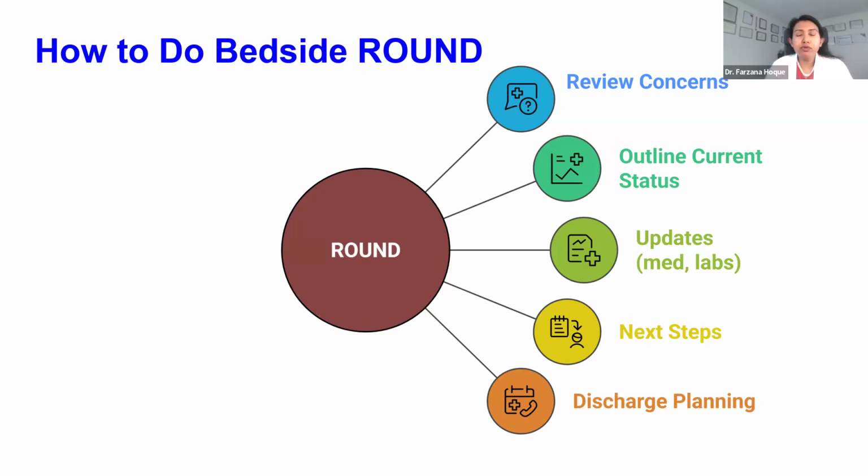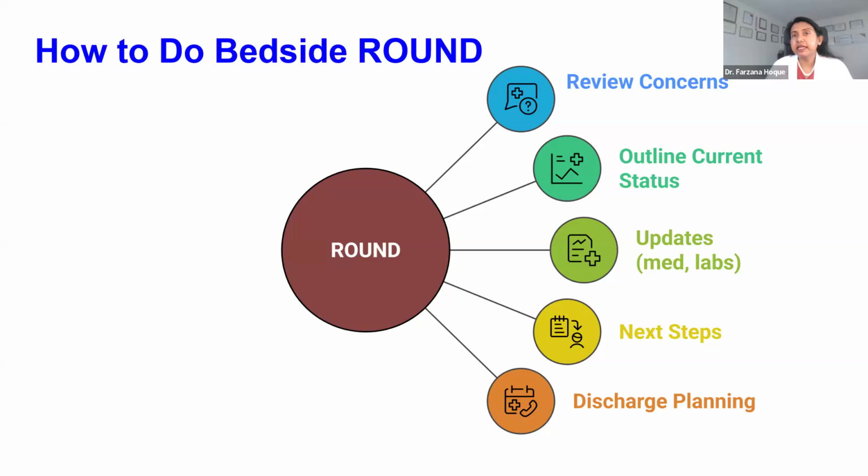Then is U. U for updates. This update could be any new medication. This update could be any important lab result or biopsy result or any kind of procedure finding that you need to update the patient and the patient's family.